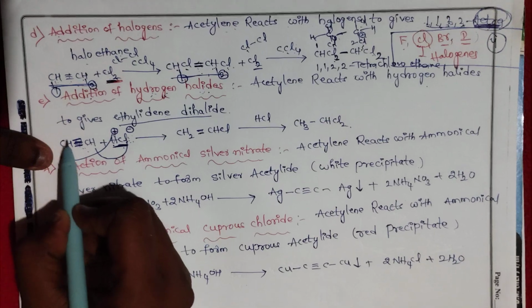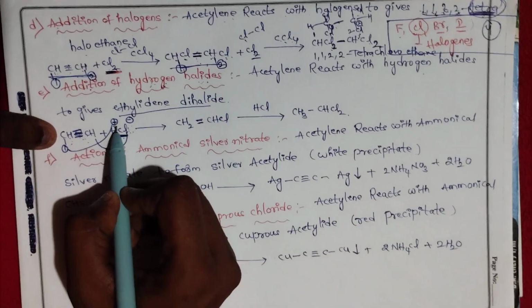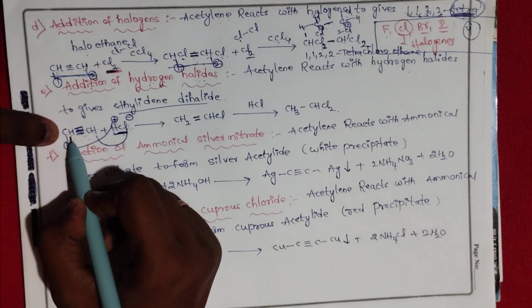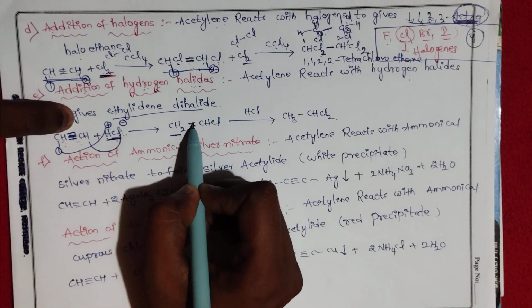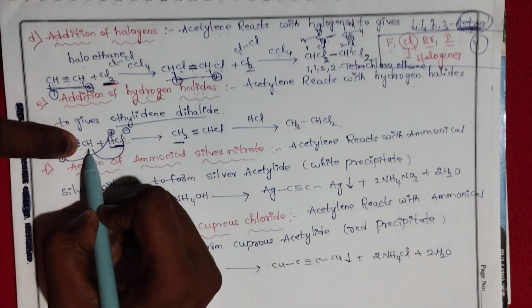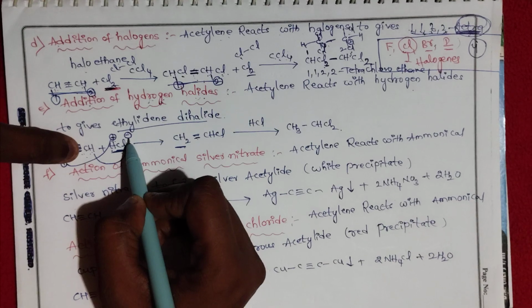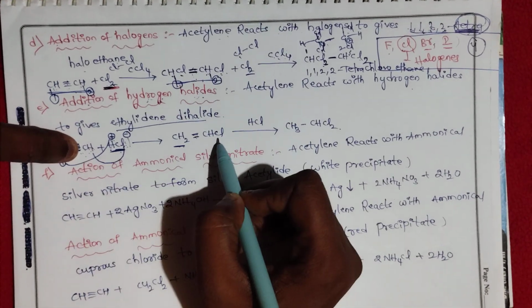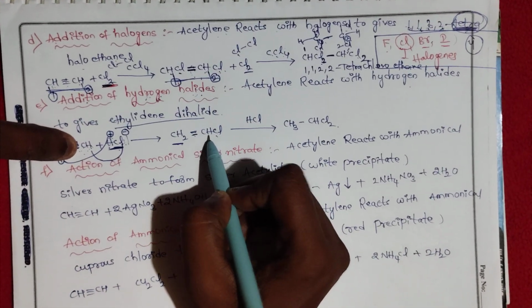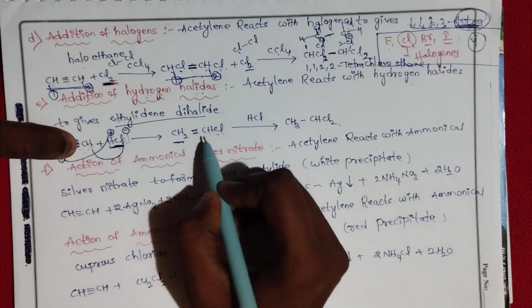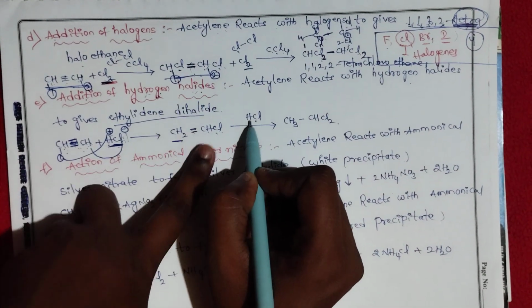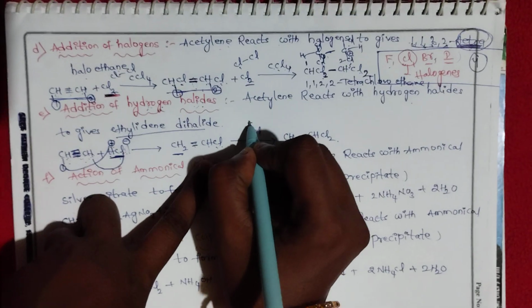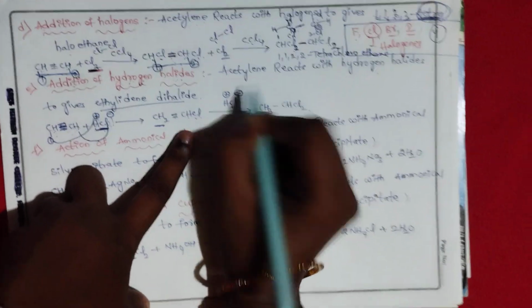Already in acetylene CH is there. By adding one hydrogen from the hydrogen halide to the CH, we get CH2, so CH2 double bond CH. To the other CH we add Cl, and it becomes CHCl. Another possible addition of hydrogen halide is there. HCl, the same phenomenon, H plus and Cl minus.